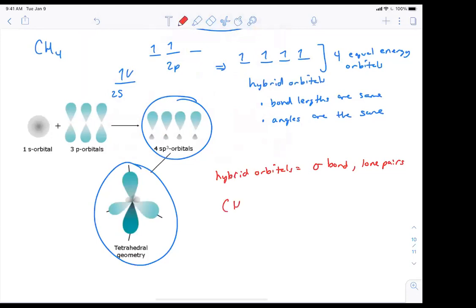For example, CH4 has 4 sigma bonds on the carbon, no lone pairs. So that means you need 4 hybrid orbitals, so you need to take the s orbital and the 3 p orbitals, hence a hybridization of sp3.